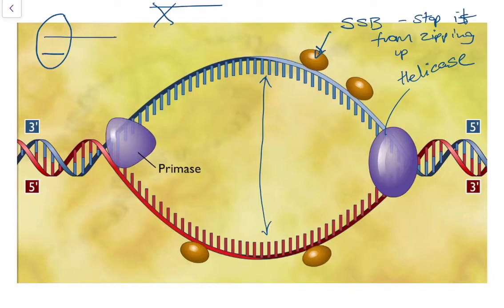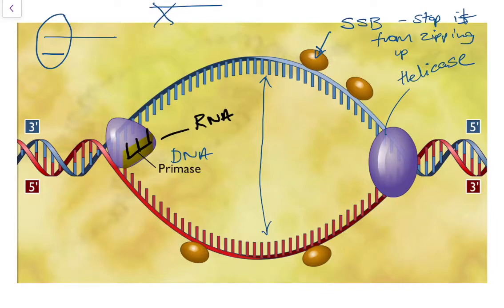So primase, that we could call DNA primase, it's going to add in that section there some new nucleotides, and these are RNA. So they're not DNA, they're RNA, but what they do is they make a short section that is double-stranded.